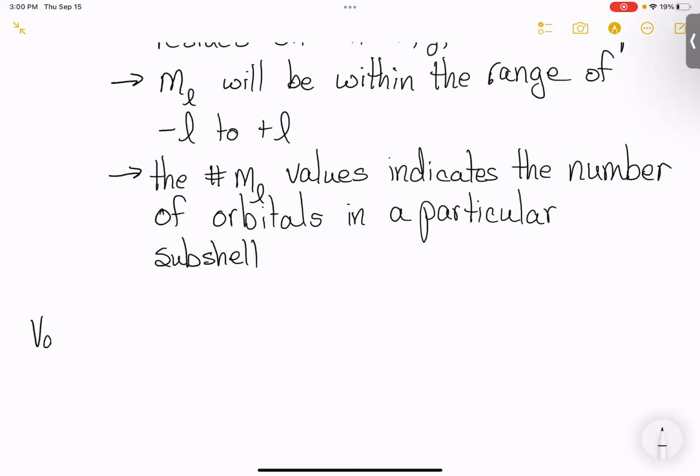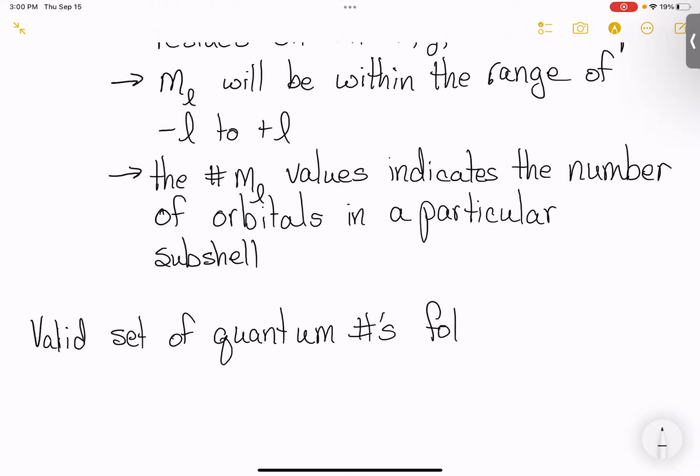A valid set of quantum numbers follows the rules for quantum numbers.